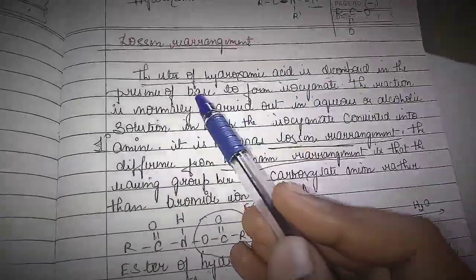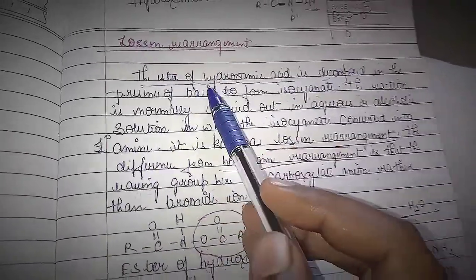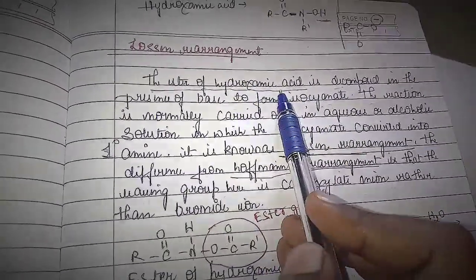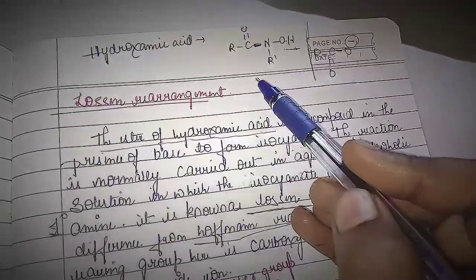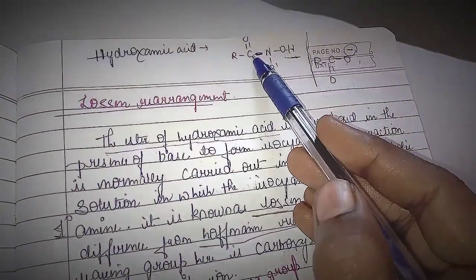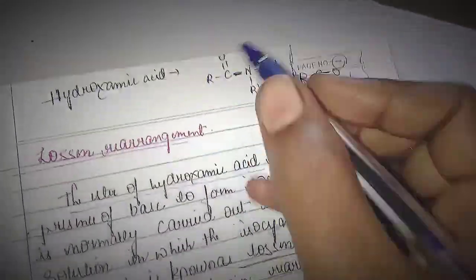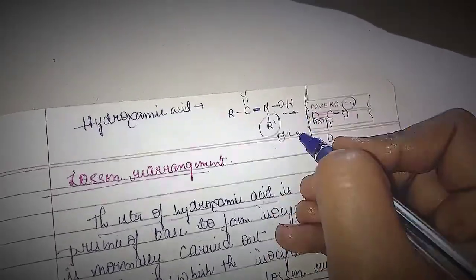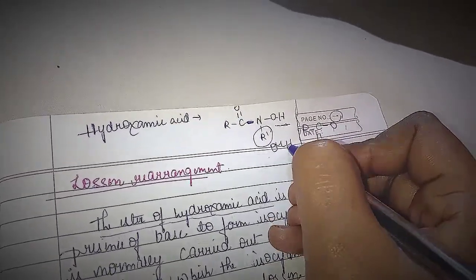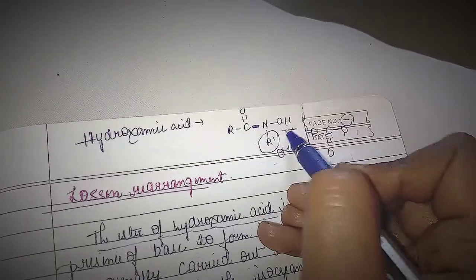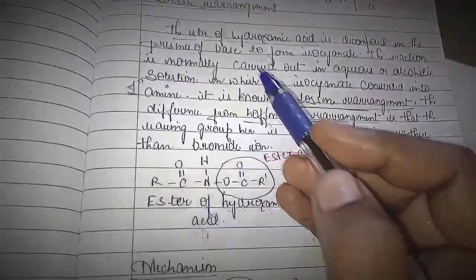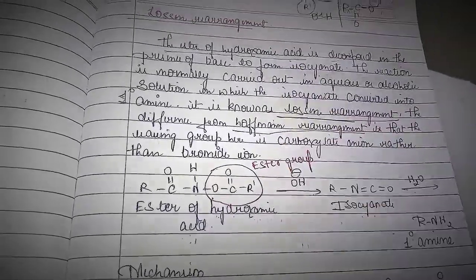Now, let us see in detail what this ester of hydroxamic acid is. Hydroxamic acid is nothing but RC double bond O NHOH, where R may be an R group or H. But here we are using the ester of hydroxamic acid.